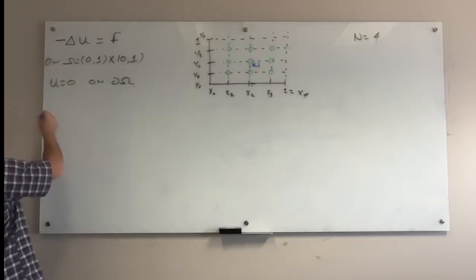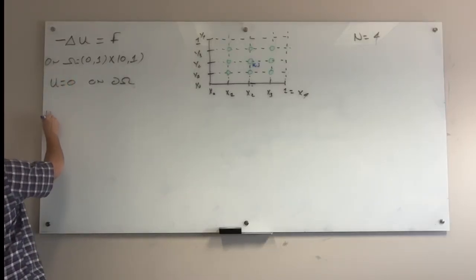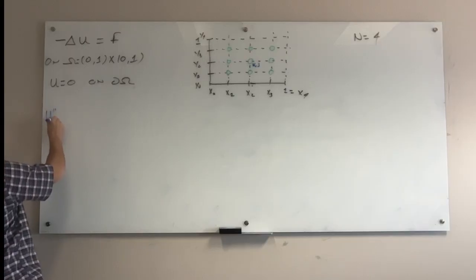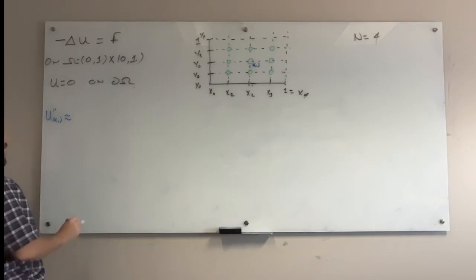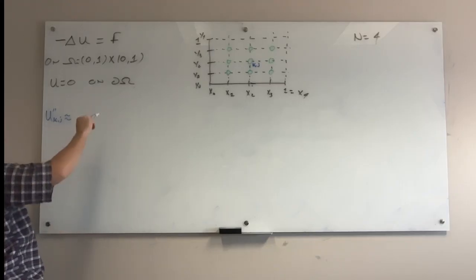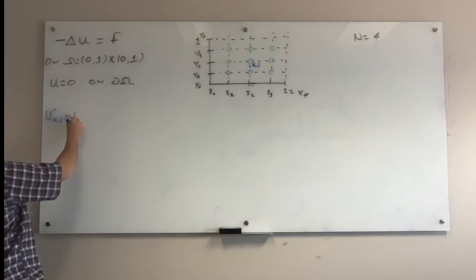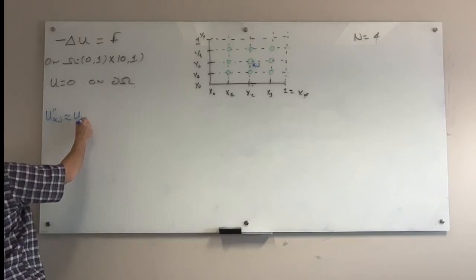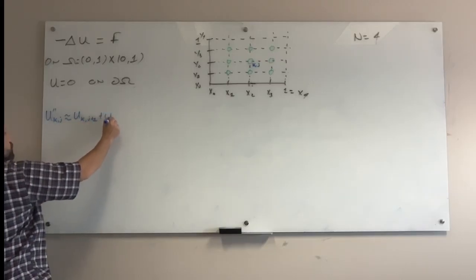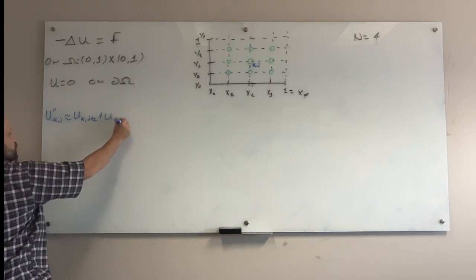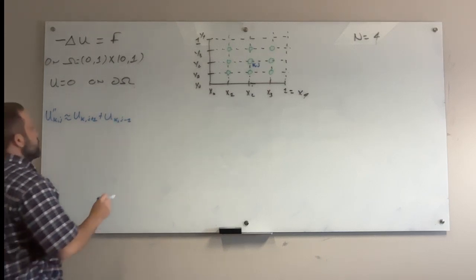So the Laplacian at this point kj, okay, I need to go 1 to the right, 1 to the left. So I'm going to have u_k,j+1 plus u_k,j-1.